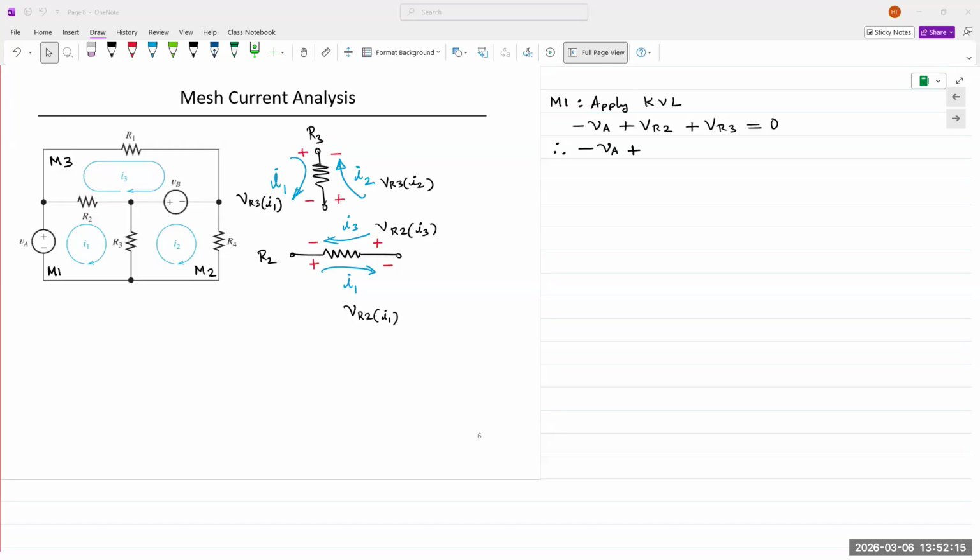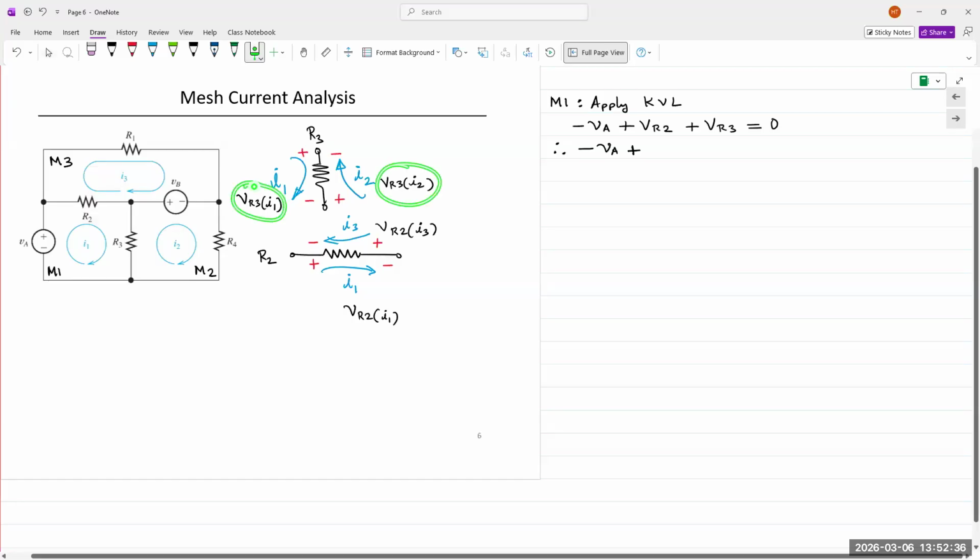So you're asking about the actual value or the magnitude of the resistor voltages, right? Do you mean these values right here? Well, those are complete unknowns at this point.